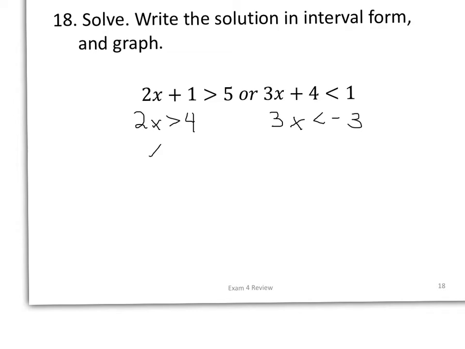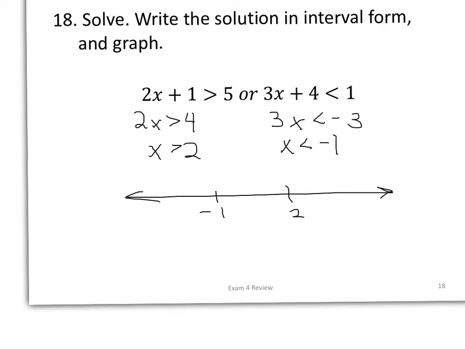And now on the left we'll divide by 2, and on the right we'll divide by 3. So we have x is greater than 2, or x is less than negative 1.